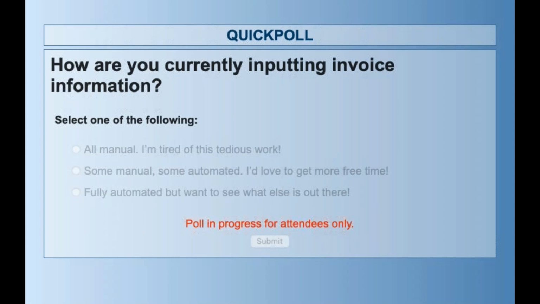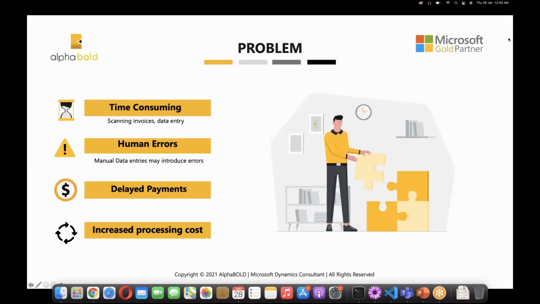And then fully automated, but you just want to check out what's going on out here. Okay, so it looks like we got an even split between all manual and some manual. And then we got a couple of people here who are fully automated, and congrats to you guys taking that step into the digital age. All right, gonna close this up. Thank you guys again for your input. We really do appreciate it.